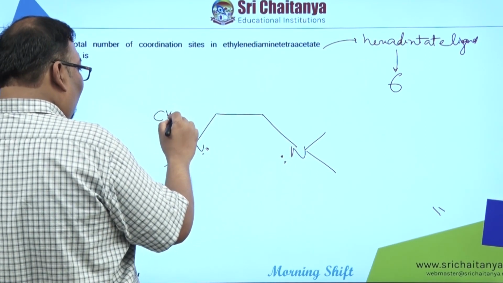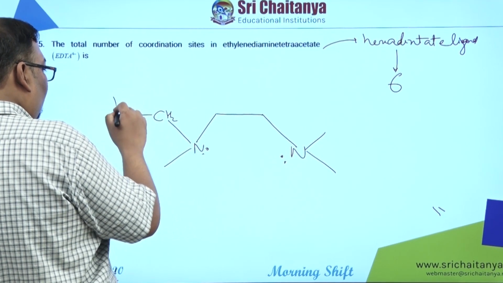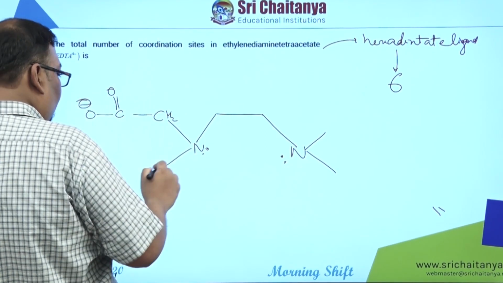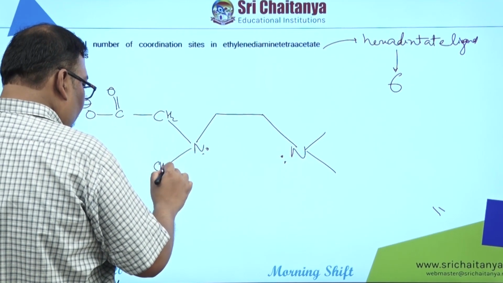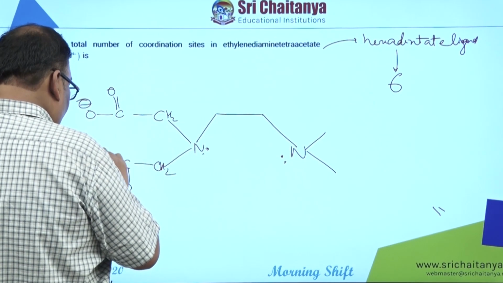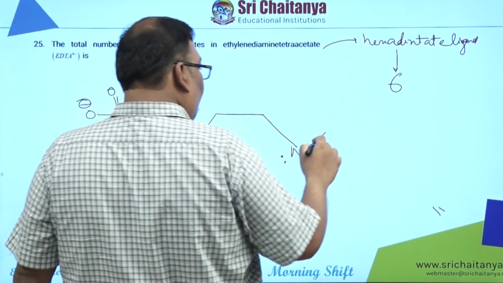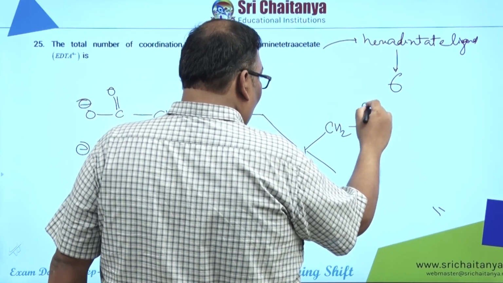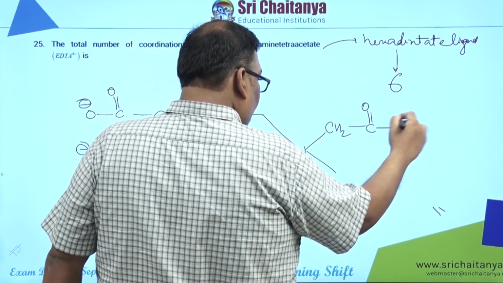Then tetraacetate is CH2, C double bond O, O minus. Then CH2, C double bond O, O minus. Here also CH2. Tetraacetate means there will be 4 acetate groups.